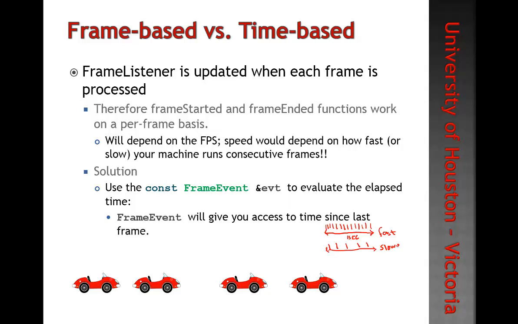They may fire with less frequency on a slower machine. So with a frame-based mechanism, the translation or movement of your objects, or any animation, would change speed depending on the speed of your computer, which is not a good idea.